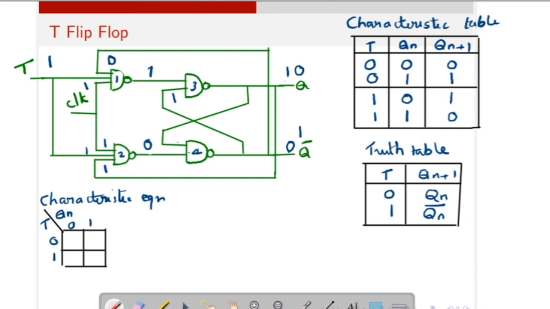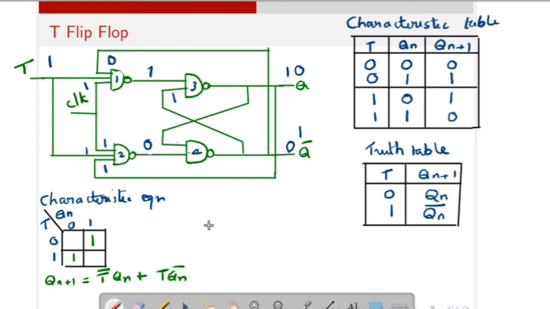Output is equal to 1 for 0 1 and 1 0. So the equation is Qn+1 is equal to T bar Qn plus T Qn bar. This is the characteristic equation of the T flip-flop, right?